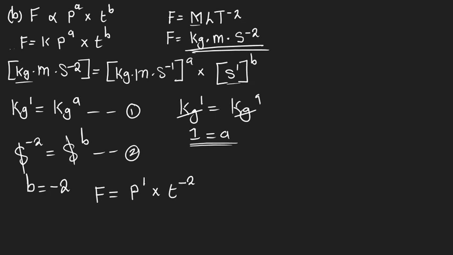So it's going to be T to the power negative 2. This formula can also be written as P over T to the power 2. That is how you come up with a relationship or a formula depicting the force relating with the momentum and the time.